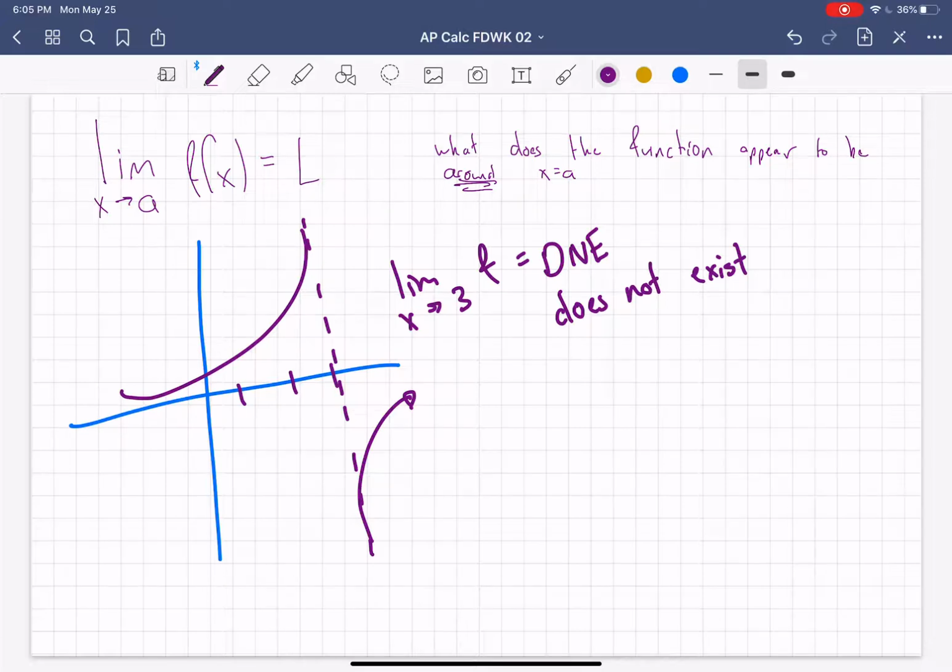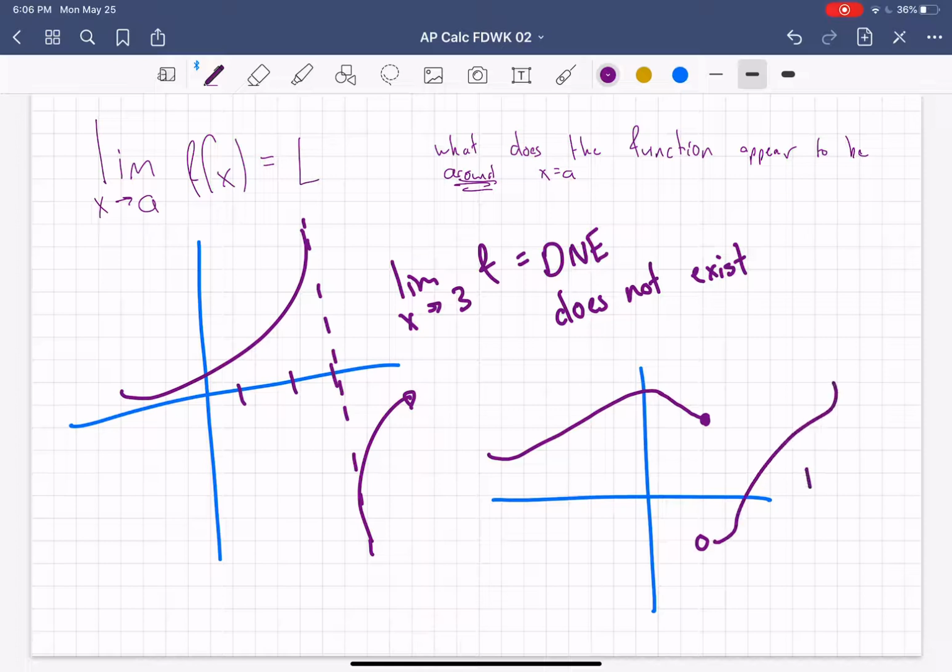Or we could get one where we have something like this. So what is the limit as x approaches 2 of this function? And if we look at this, again, we can draw a dotted line at 2. And we can see there's no consensus.